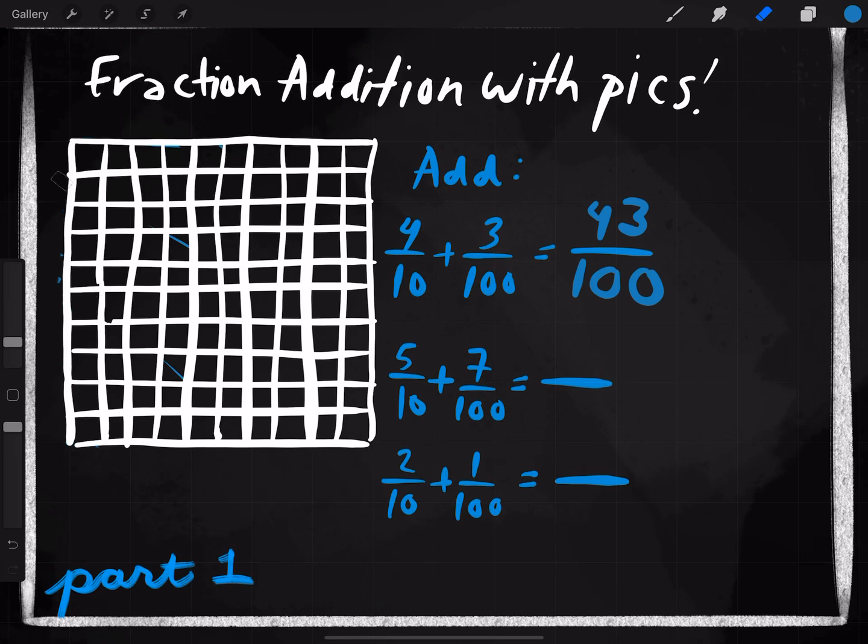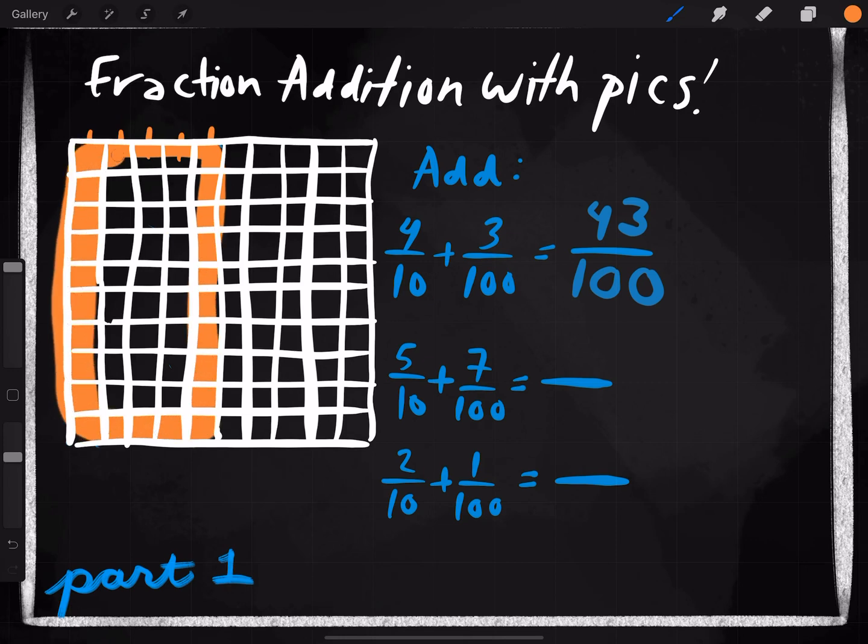Okay, now let's try the next one. So 5/10ths plus 7 100ths. So I'll color in 5 of these columns, 1, 2, 3, 4, 5. It's a bit messy because of my large pen.